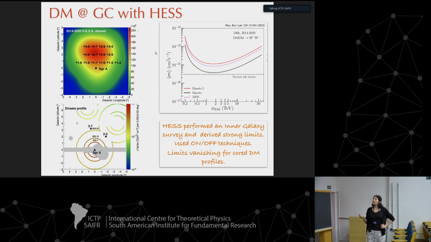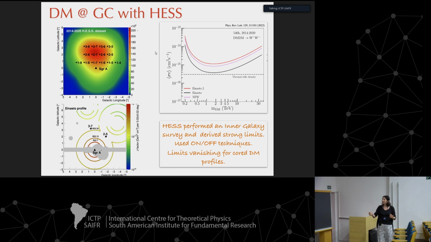The only thing to keep in mind is that because those were done with the on-off technique, that means if the dark matter profile were cored, quite flat... When you were talking about dark matter distribution in the galactic center, you were saying it can be cuspy, but it can also be a core. We just do not know.